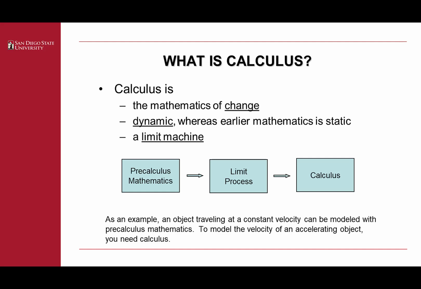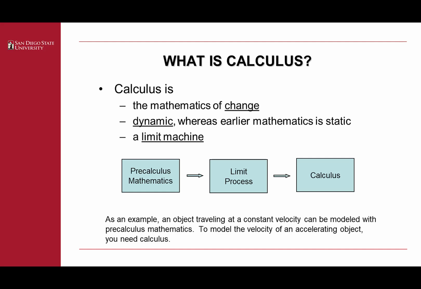In other words, calculus is also a limit machine. Here below you see an illustration concerning pre-calculus mathematics applied to limit process, and we get the calculus of today. Here we have an example.